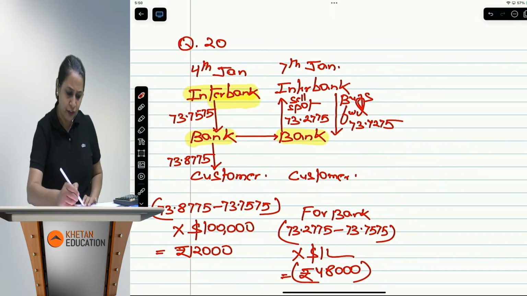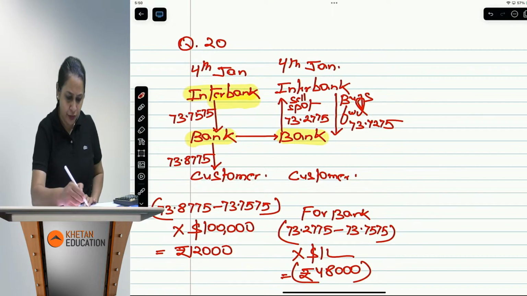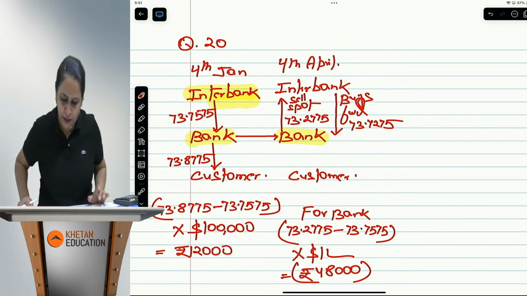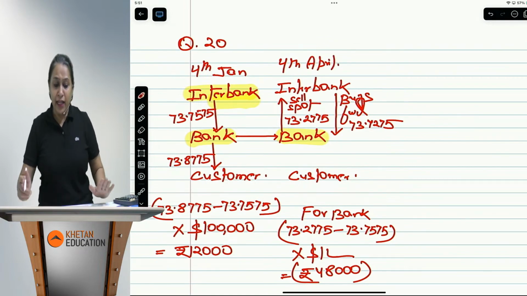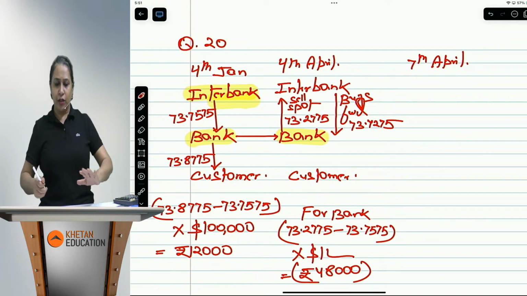This is 4th of January actually. I think I have written something wrong. Sorry, it is 4th of April actually. I did not see that. You guys also did not inform me. It is 4th of April basically. The cancellation will happen on 7th of April. Auto cancellation, not now.